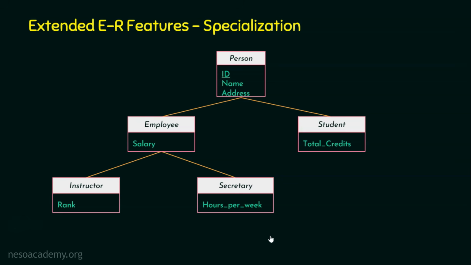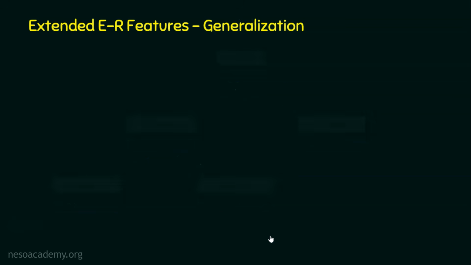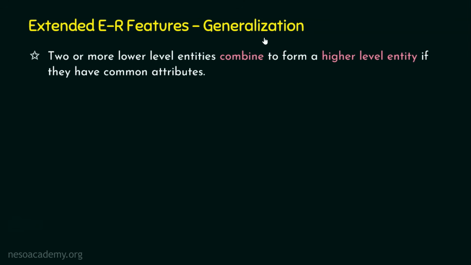With this knowledge, let's step into the second extended ER feature, which is generalization. What is generalization? In the previous example, we have seen a higher level entity is broken into subtypes, whereas in generalization, we are focusing on the lower level entities, where two or more lower level entities combine to form a higher level entity if they have common attributes. Don't worry about this. When we see an example, it will be easy for you to understand.